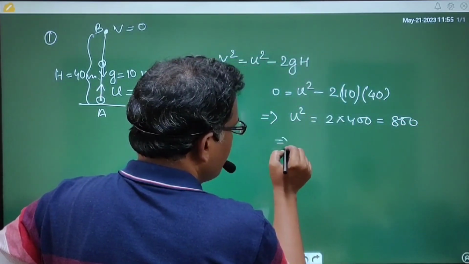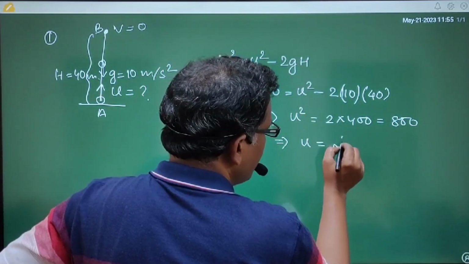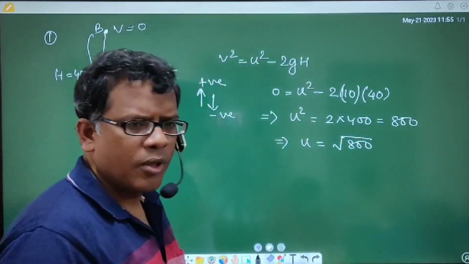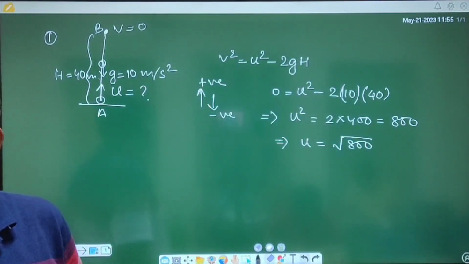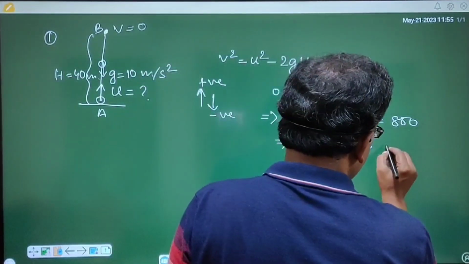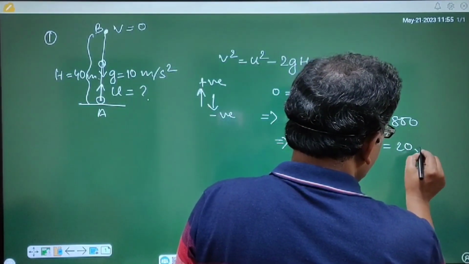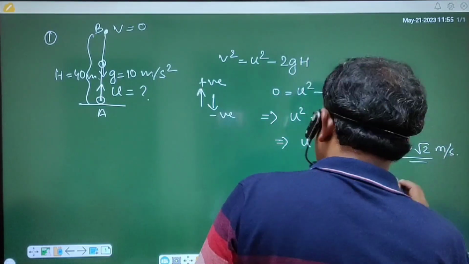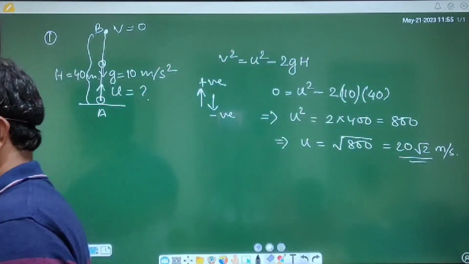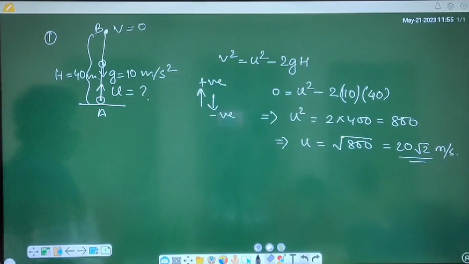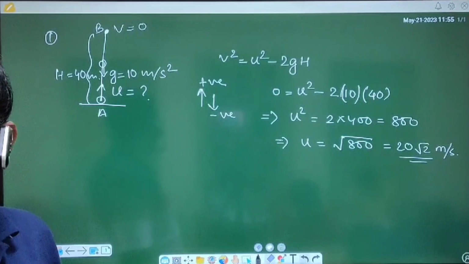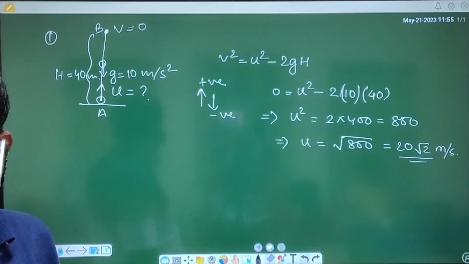So the value of U should be the square root of 800, which can be written as 20 root 2 meter per second. So this particle should be thrown with this velocity magnitude so that it can climb up to 40 meter, right?